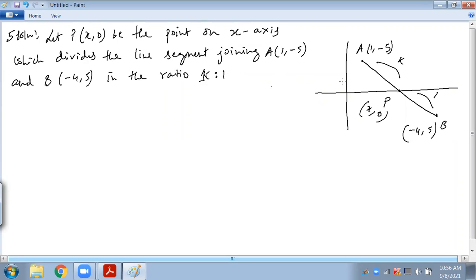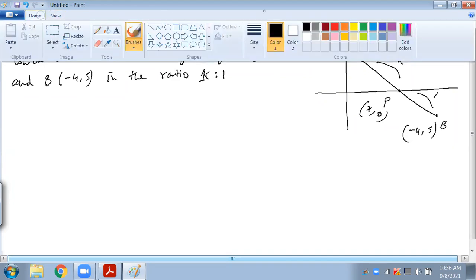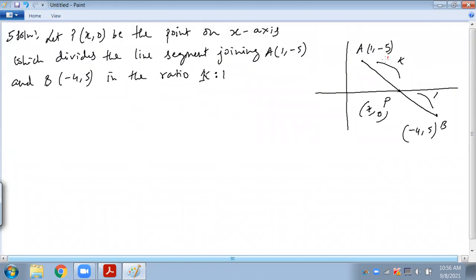Since the ratio is k is to 1, we can take m as k and n equal to 1. So m equal to k, n equal to 1.